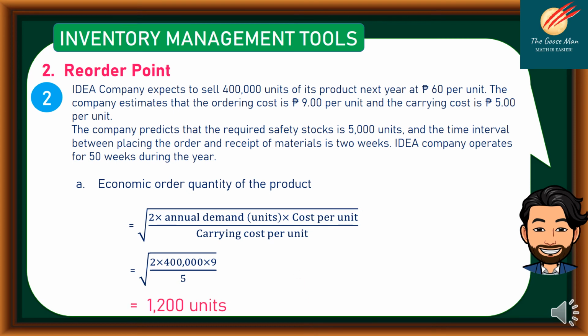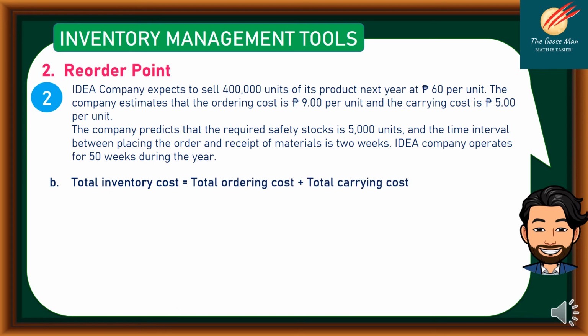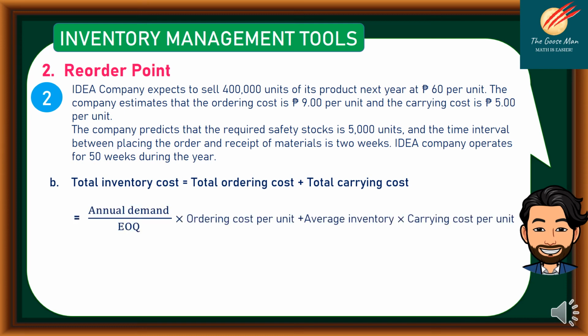1,200 units. Next one. The total inventory cost is equal to total ordering cost plus total carrying cost. So we have the annual demand divided by EOQ times ordering cost per order, plus average inventory times carrying cost per unit. We have 400,000 as our annual demand.